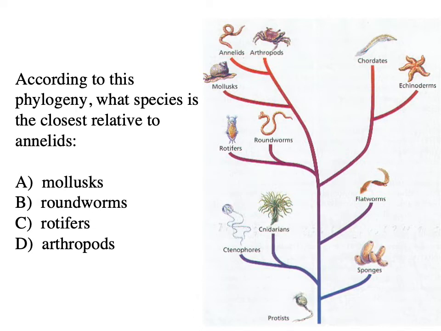They are actually close to arthropods. You have to look at the tree and you have to think that this is genetically based, not how they look, not phenotype anymore. It's based on genotype. So for this particular tree, the annelids are closest to D, arthropods.